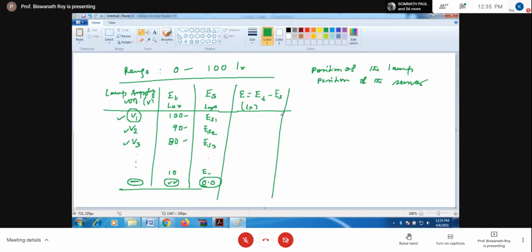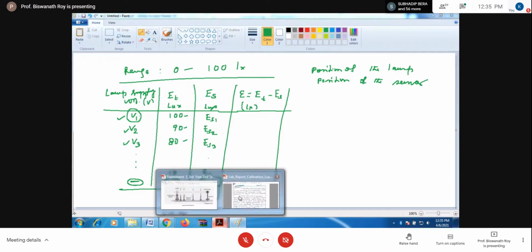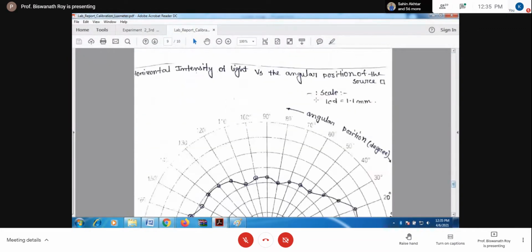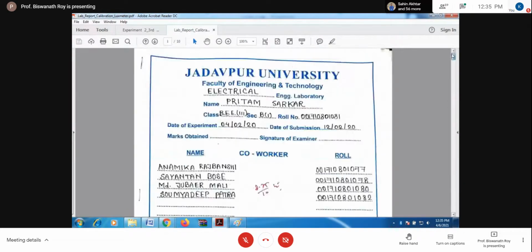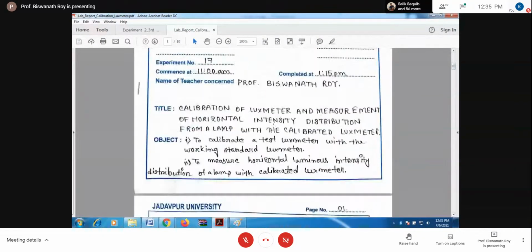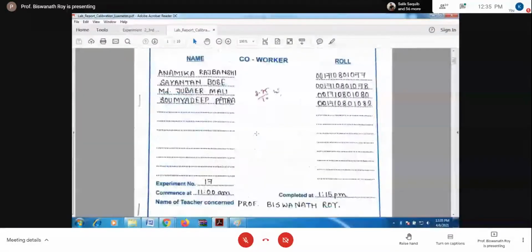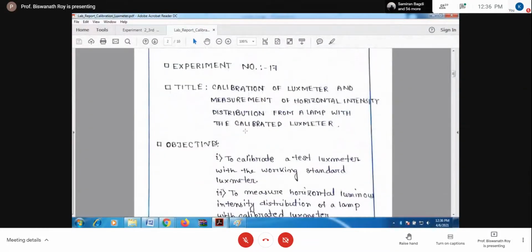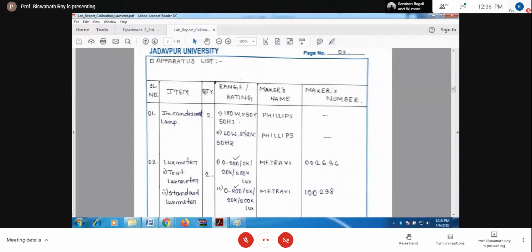So let us have a look at an actual experimental data set that I have taken from last year's student. This is the top page, you know it. Here is the experiment objective.